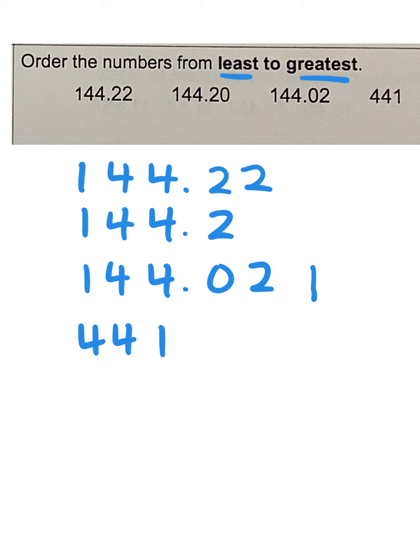Then 144.2 is going to be the second one, and 144.22 is going to be the third one because it's the second greatest. And so 441 is the largest, so it's going to be the fourth one.